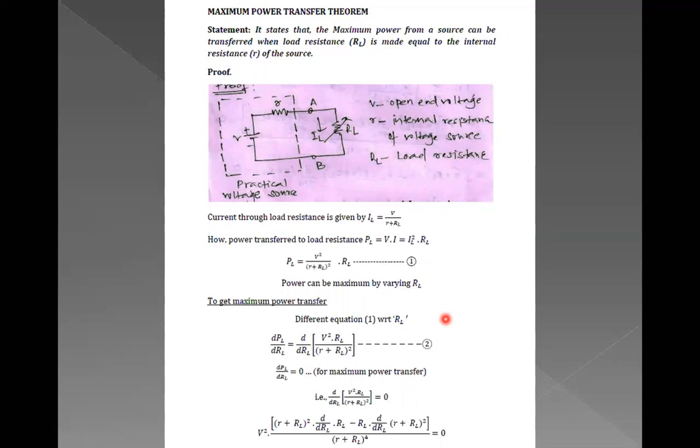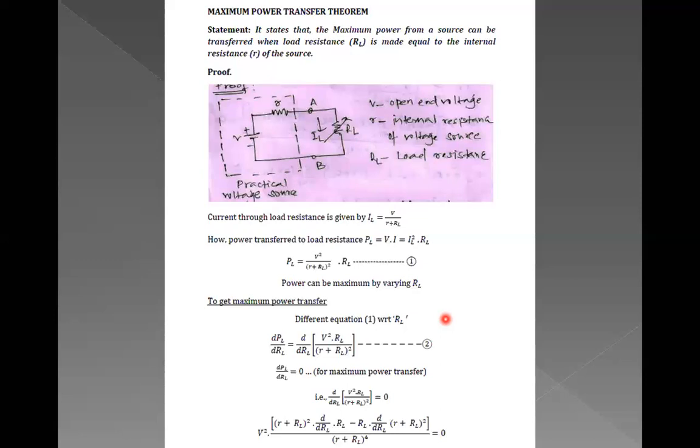Differentiate this, just take V square outside because it is constant. So differentiating, we'll get (R plus RL) whole square into d by dRL of RL, minus RL into d by dRL of (R plus RL) whole square, divided by (R plus RL) to the power of 4.